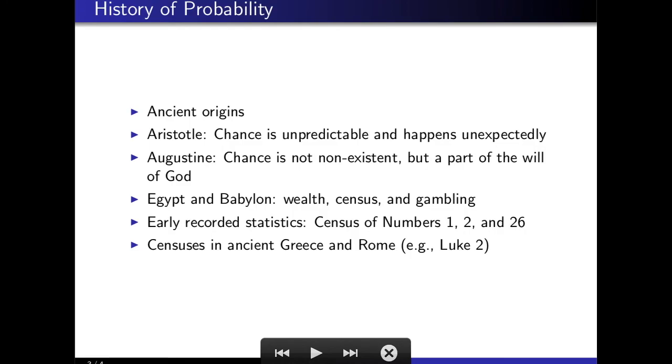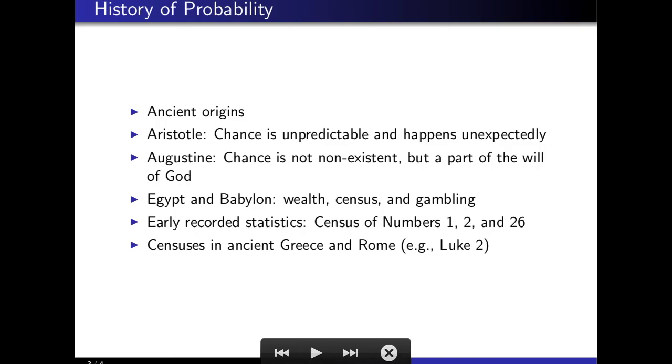To Augustine, the casting of the lots is something that has a predetermined outcome by God. To Aristotle, the casting of the lots would be completely arbitrary. The lot could have fallen on Jonah, the lot could have fallen on anyone else on the ship. So we have these two conflicting views in the early origins of probability.